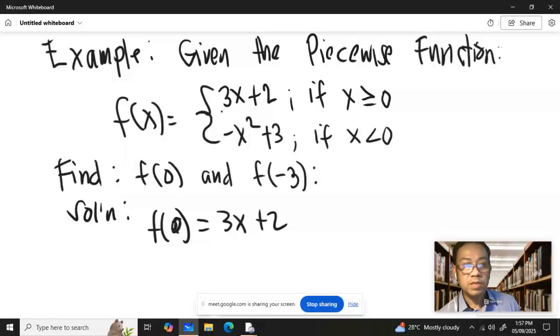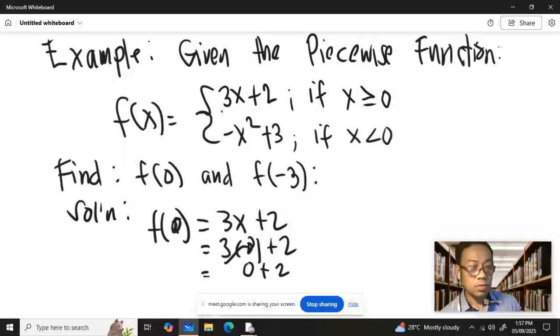And then we substitute 0 to x. Now we can solve f of 0. So 3 times 0 is 0, and then plus 2. So f of 0 is equal to 2.